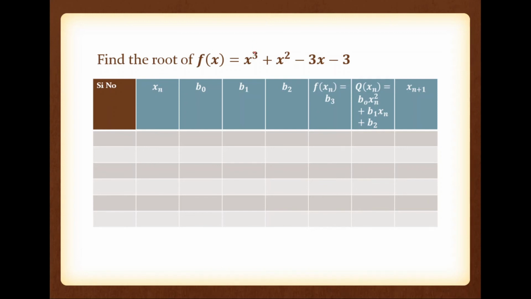Then the value of x, not x raised to n; x suffix n means value of x. Now this coefficient is a0, that is the coefficient of x cube, this is a1, this is a2, this is a3. It is not changing, this is fixed. So a0 equal to 1, a1 equal to 1, a2 equal to minus 3, a3 equal to minus 3.